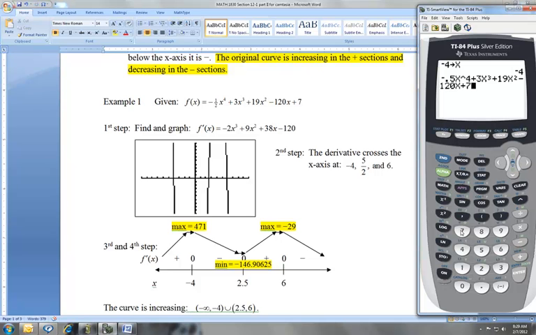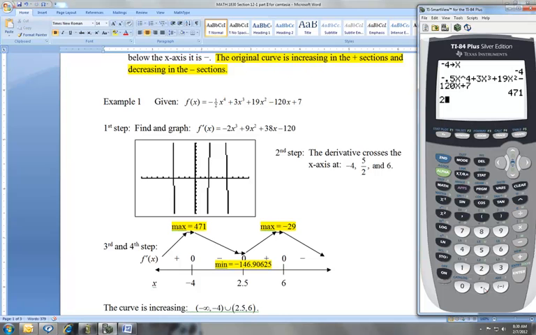The derivative tells me where I'm going to have max or mins, but for me to find the actual value, I've got to go back to the original, always. So, x equals -4, my original function has a value of 471.